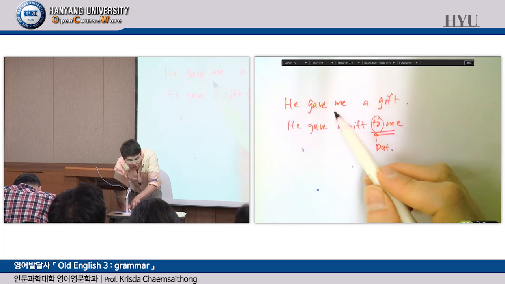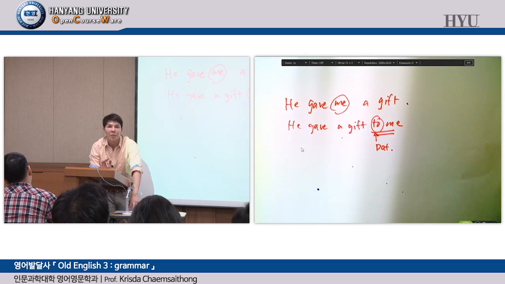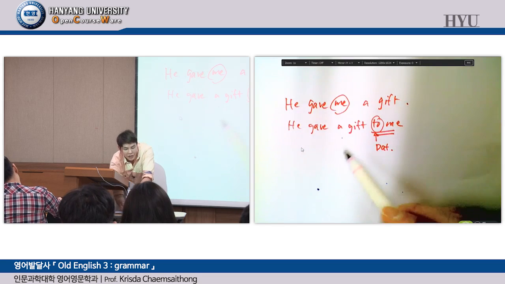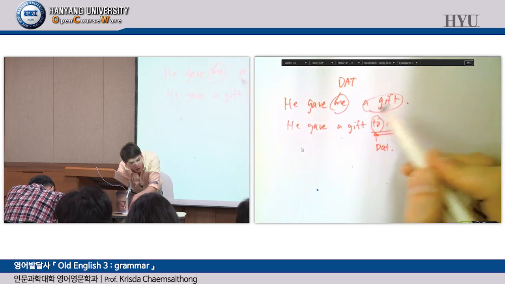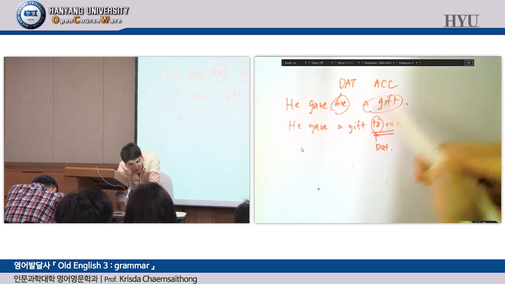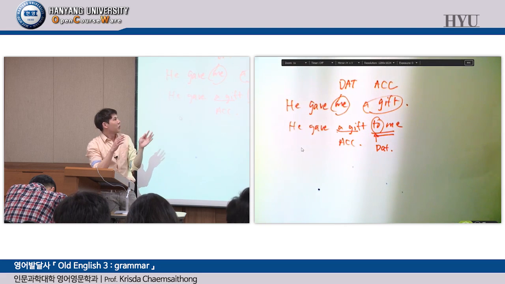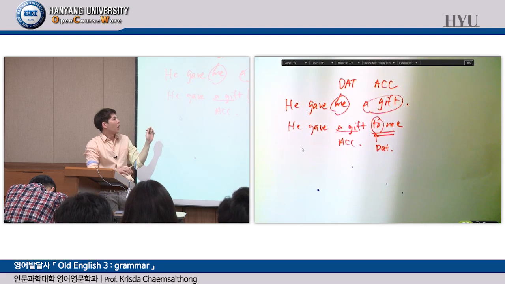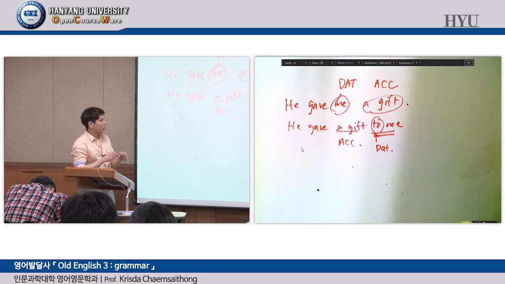But with the word me, there's no preposition to tell you, yet it's the same as he gave a gift to me. So me here is the dative case, and a gift is the accusative case. In modern English you have two ways of saying the same thing. One way is to mark it with to. The other way is to not mark it, just to use the case ending.